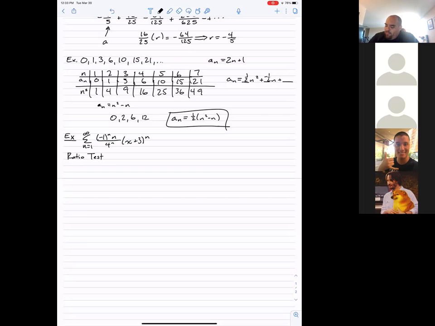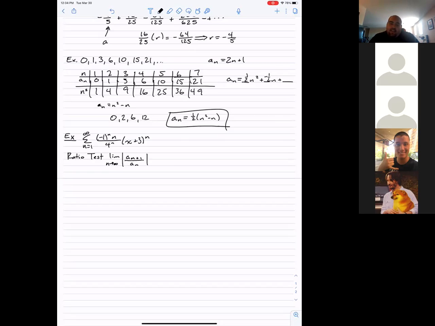Basically, just to recap why the ratio test is something valuable to do, we're looking at a limit here. So let me make that even more clear. I'm looking at the limit as n gets very big of the ratio of one term to the previous term.